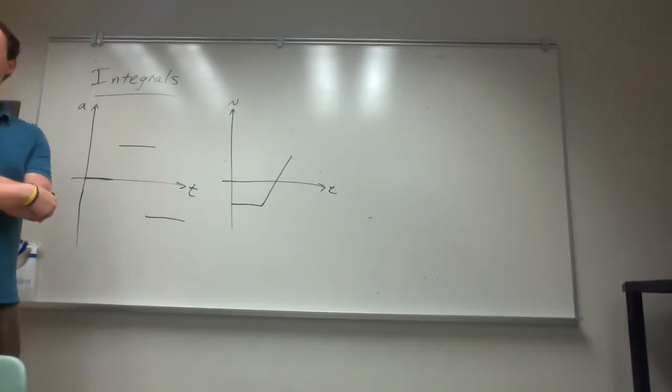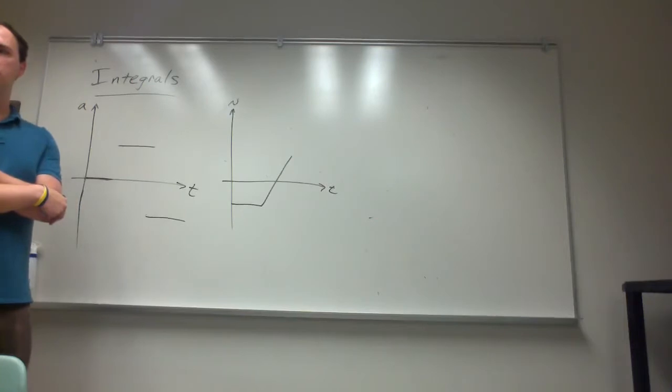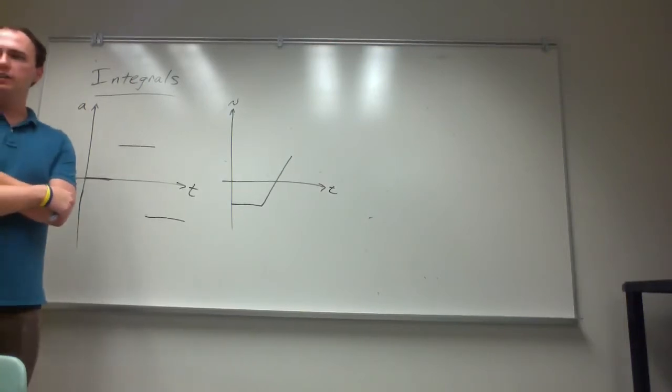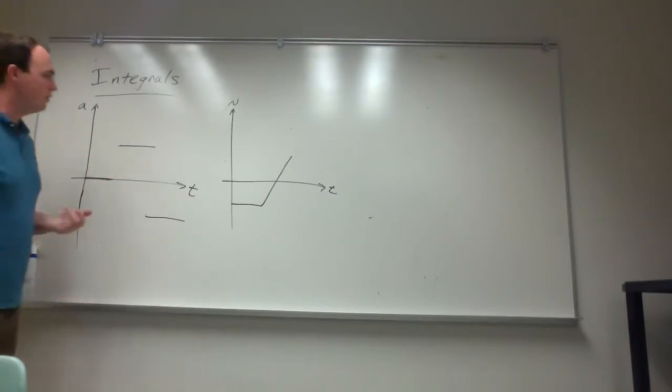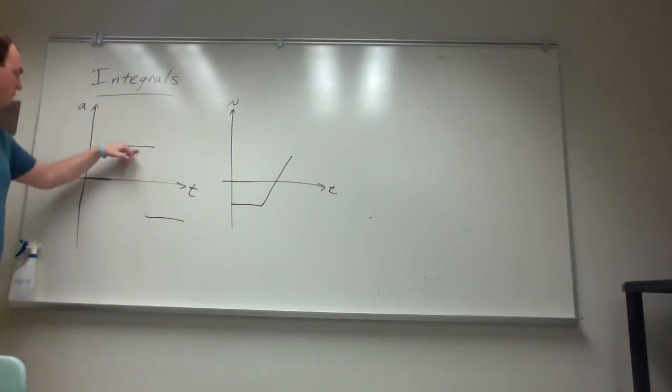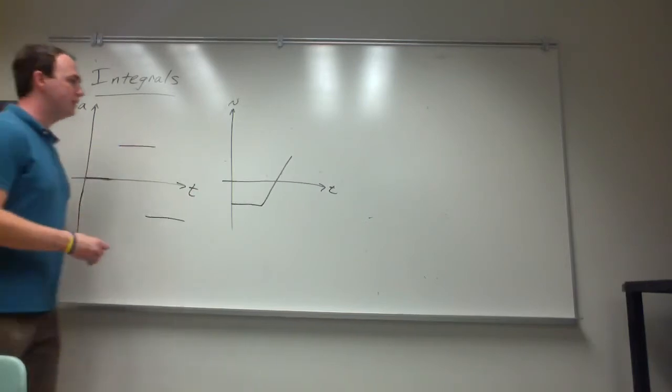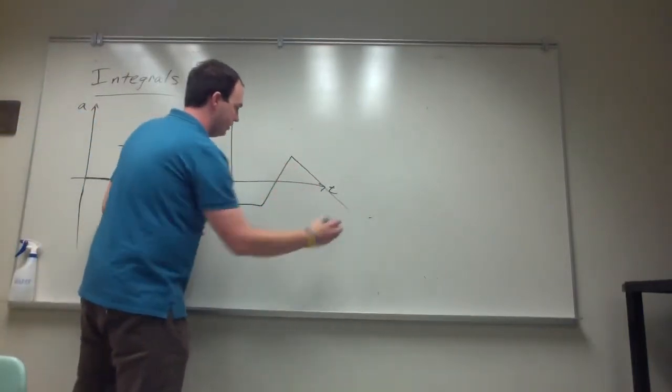Okay, and then how about the last section where we have a negative acceleration? What does the velocity plot look like? Downward sloping line. The slope of that is going to depend on whether these are the same number or not. I'll just do that generically.